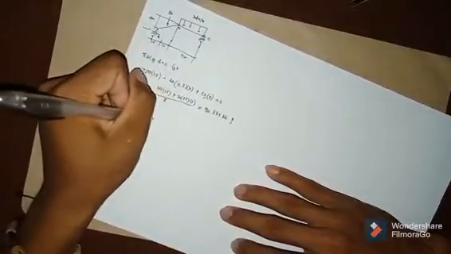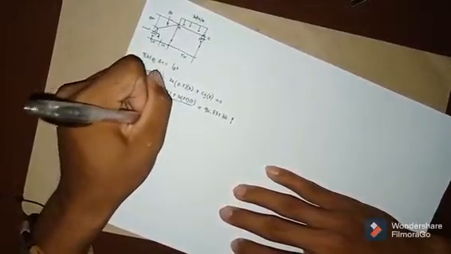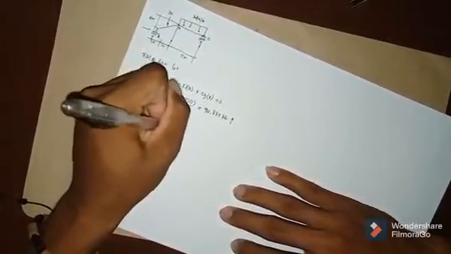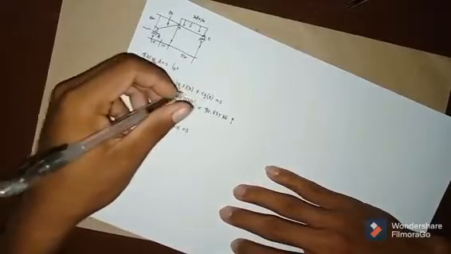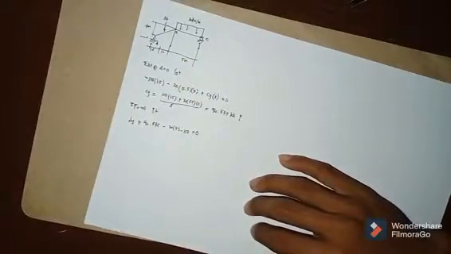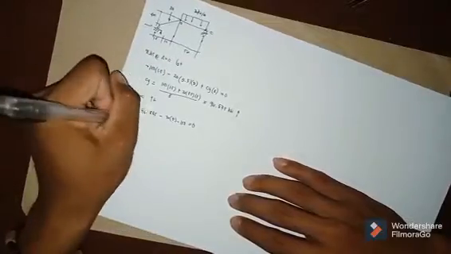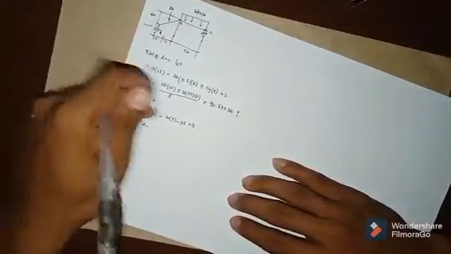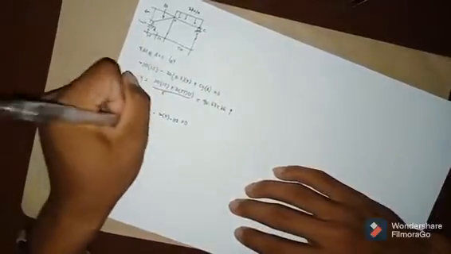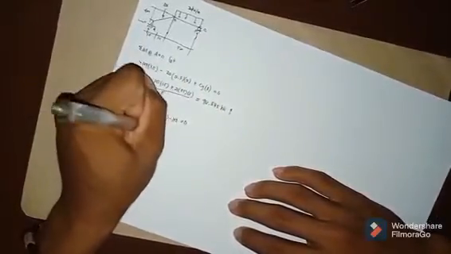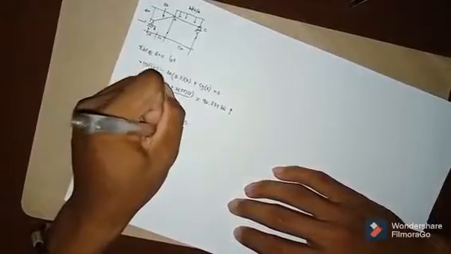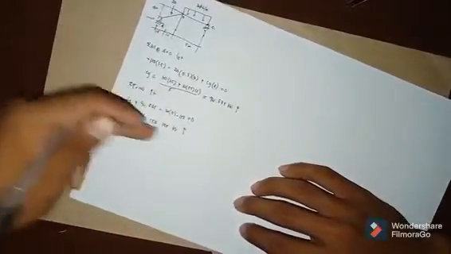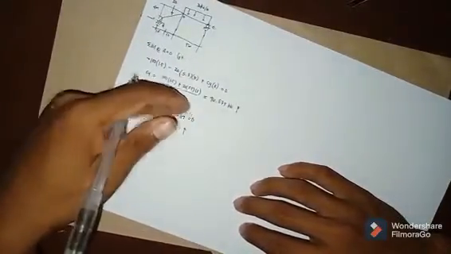Ayan, distributed load natin minus 20 times 5 minus 150 is equal to 0. So solving for AY, transpose lang sa kabila, and then sum up, we can get 153.125 kilonewton and facing upward, because the answer is positive.